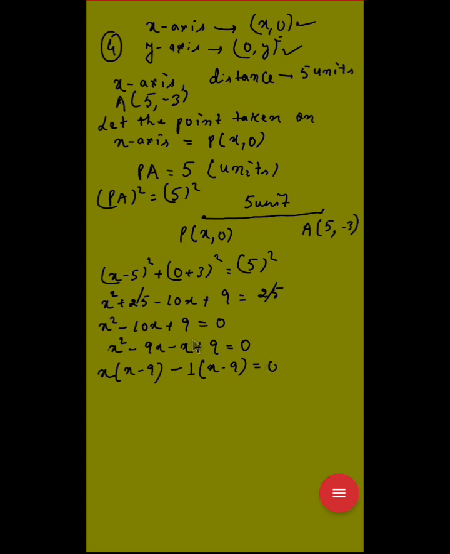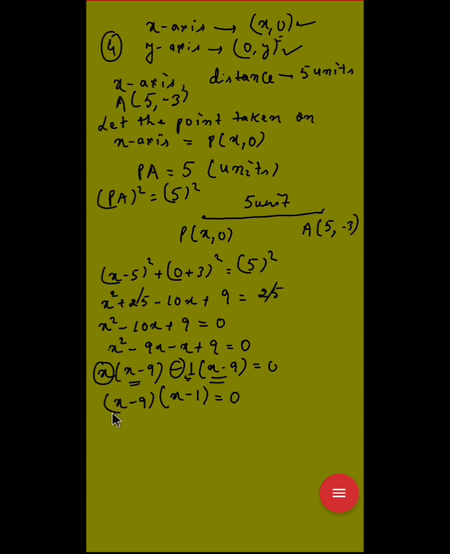So see, we have an (x minus 9) part over here and again an (x minus 9) part over here. Simply take (x minus 9) common, and what is left is x over here, and after that a minus left over here, and after that 1. So it gives (x minus 1), bracket closed, equal to 0.